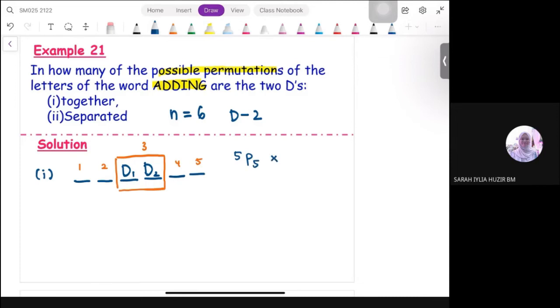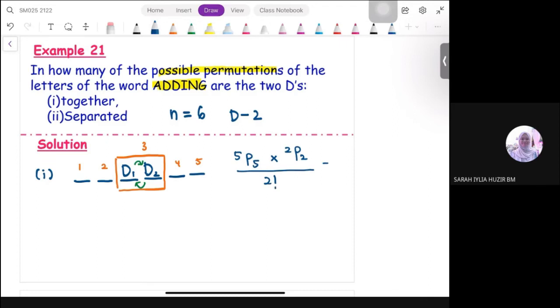Times with, between the 2 Ds, we can rearrange the order, between the first D and the second D. So we have to times with 2P2 or 2 factorial. But remember back, these 2 Ds are identical, so we have to divide by 2 factorial.